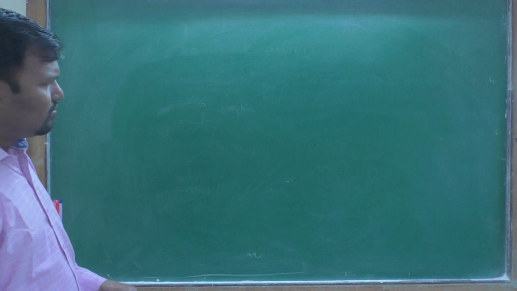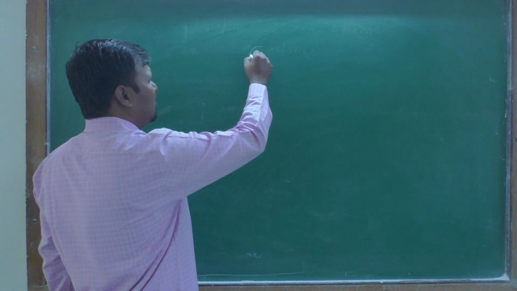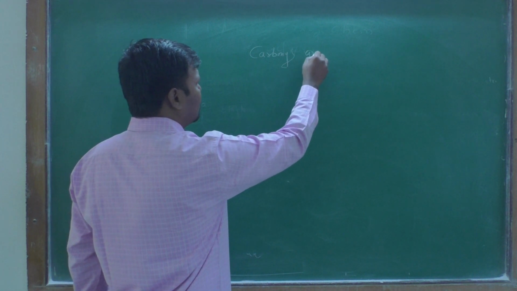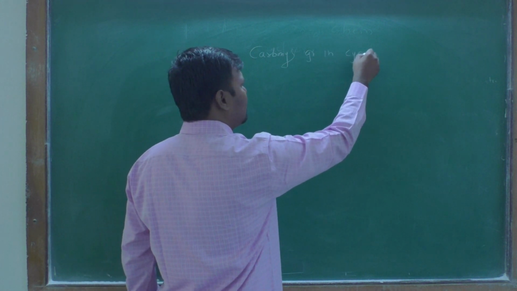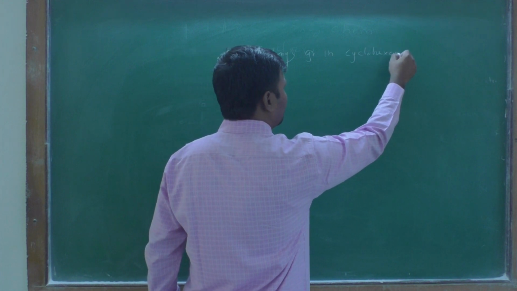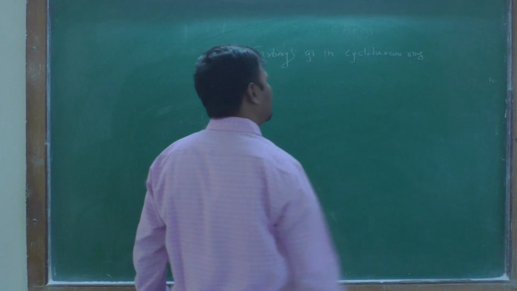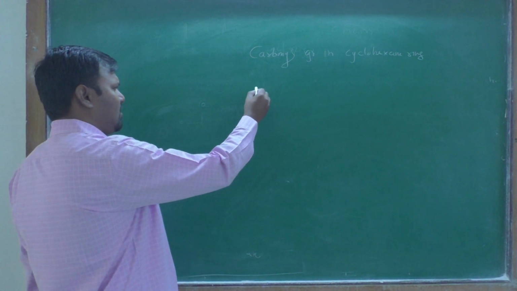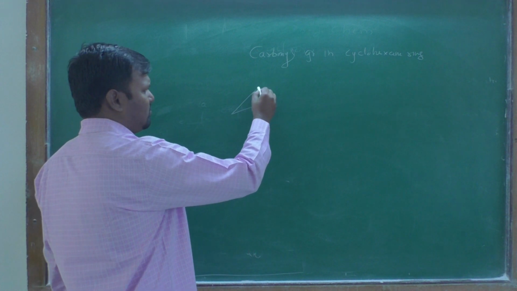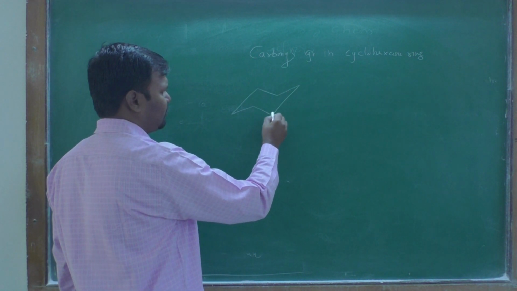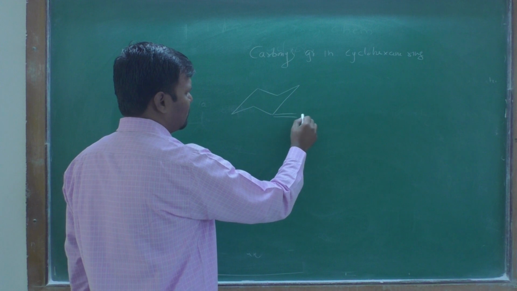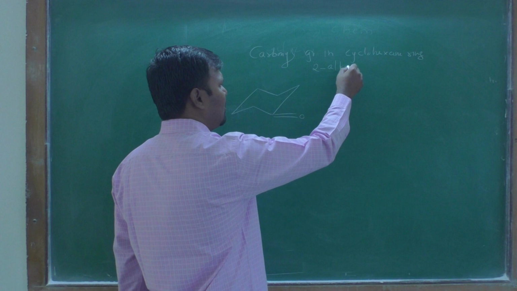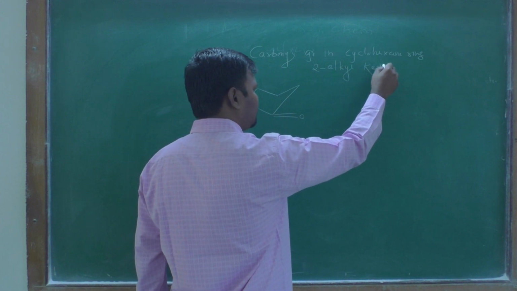Okay, now the carbonyl group in a cyclohexane ring, that is a cyclohexanone. Here we are interested in the 2-alkyl ketone effect.